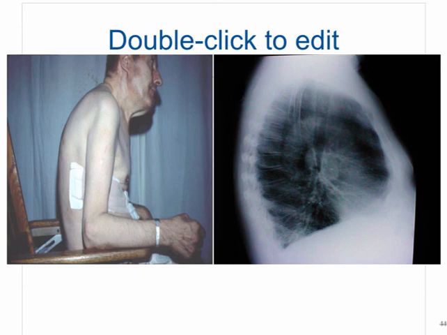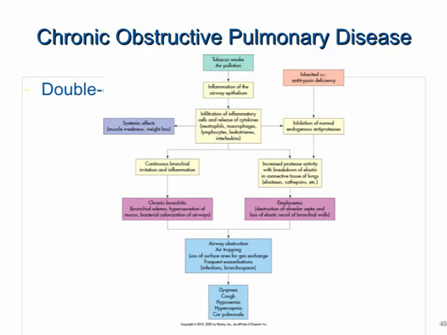Or you can even see a little bit of that kyphosis in his back, or an increased AP diameter. It's not that significant on the left, but if you look on the chest x-ray on the right, you can definitely see how that AP diameter is widened. And there's more of that barrel chest there, which is very common with emphysema. This is just a quick chart that gives you a rundown of the patho.